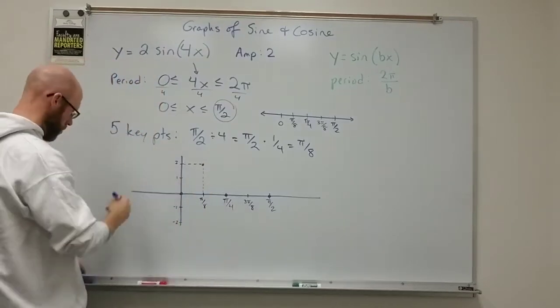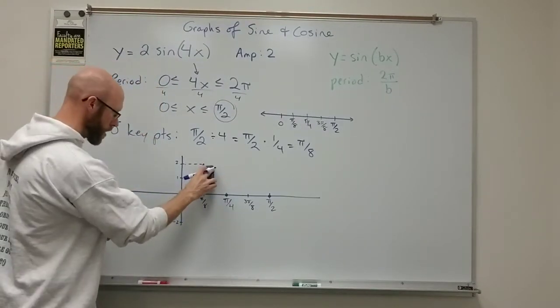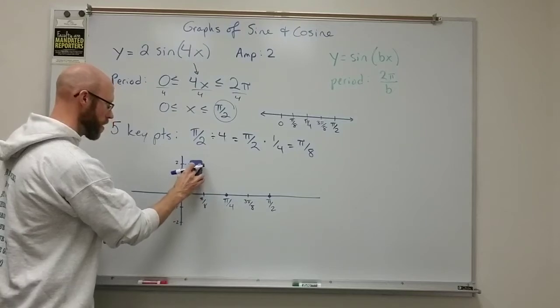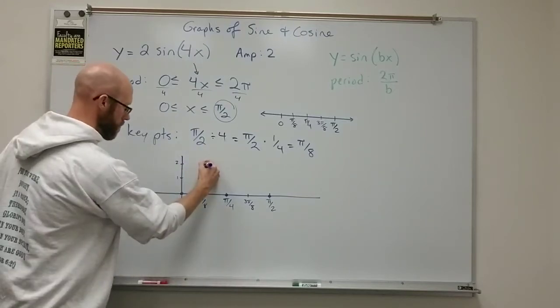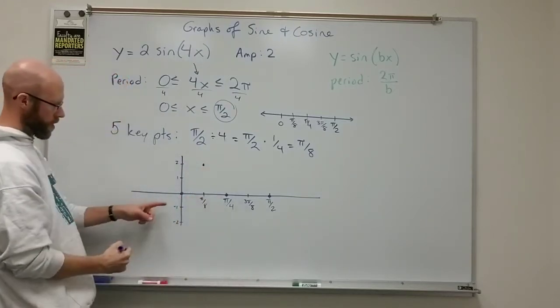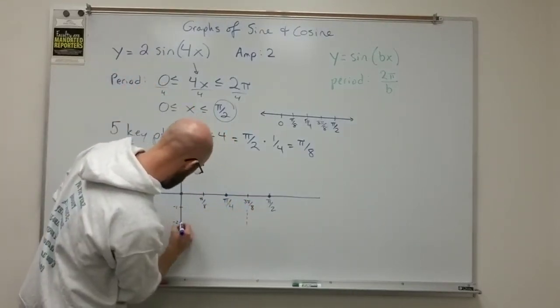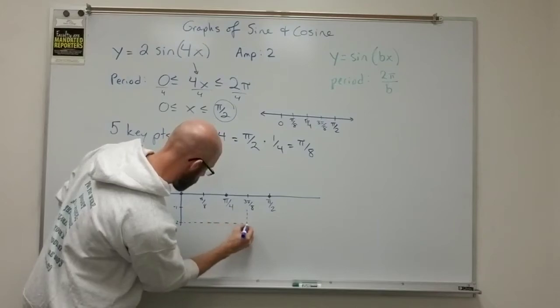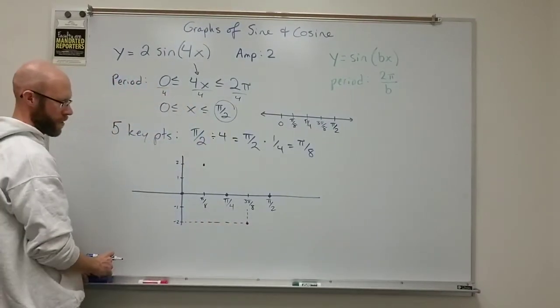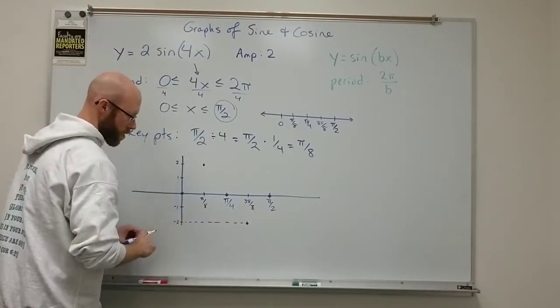All right, I'm going to sketch a little dotted line just to keep track of where I'm at there, make sure I'm lining everything up. And then at 3 pi over 8, we'll be at -2. Right about there. That looks pretty good. Get rid of those.